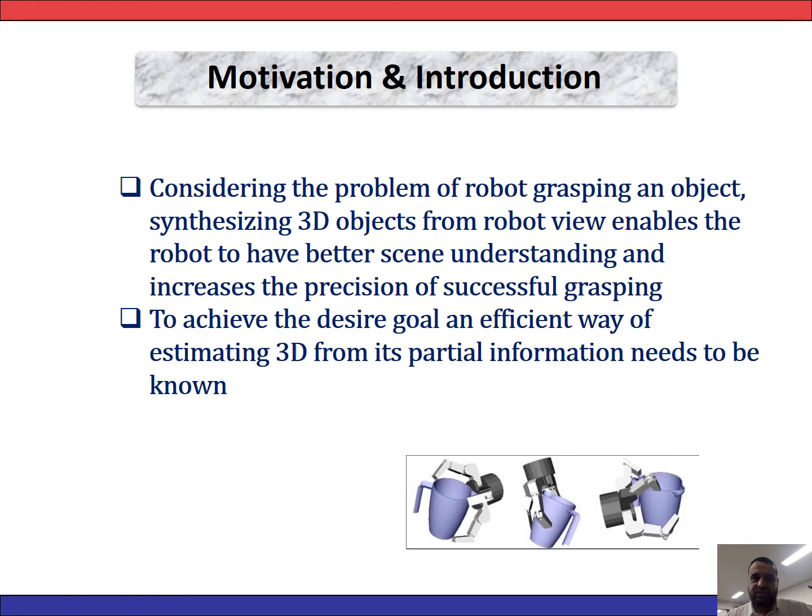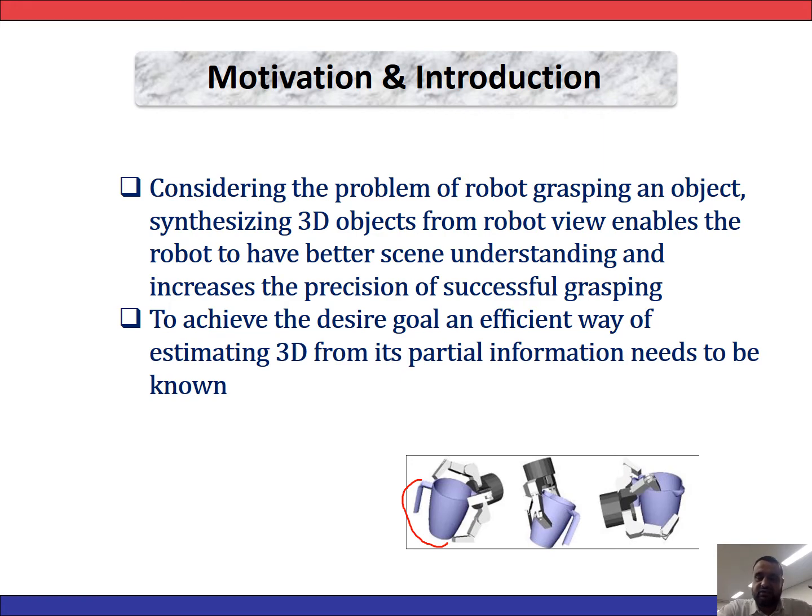So the motivation behind this work was, suppose this is an object, the cup, and now the robot wants to grasp this object. How much should it open its hand so that it can grasp this cup?